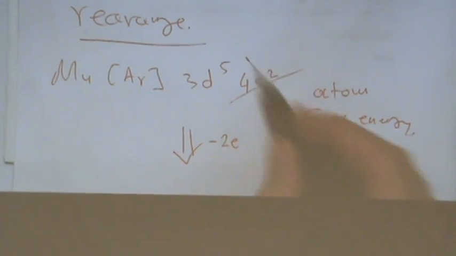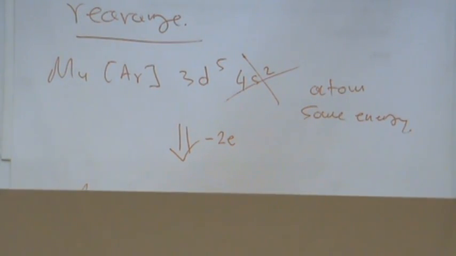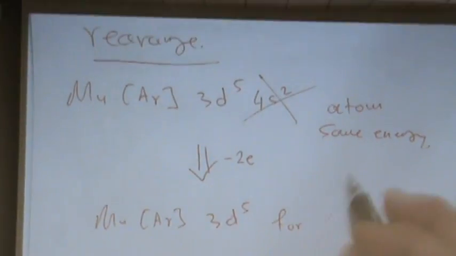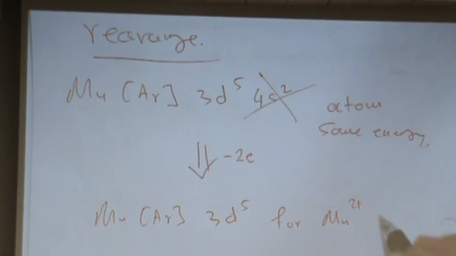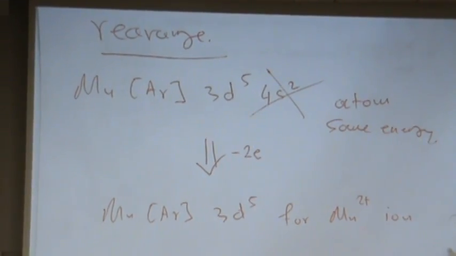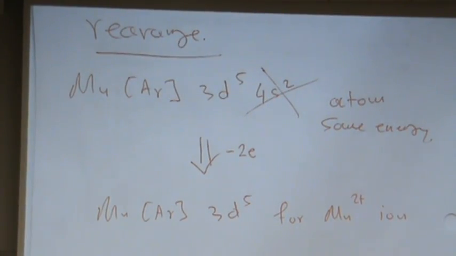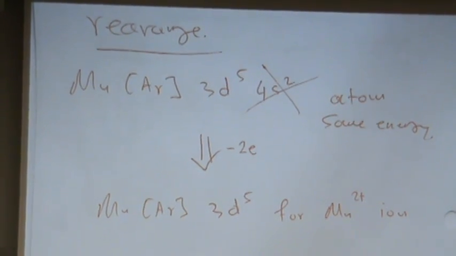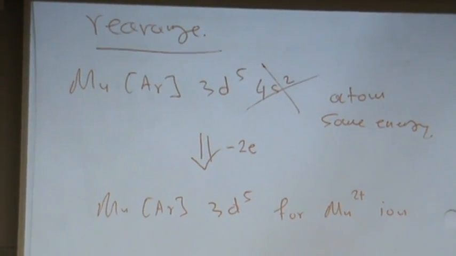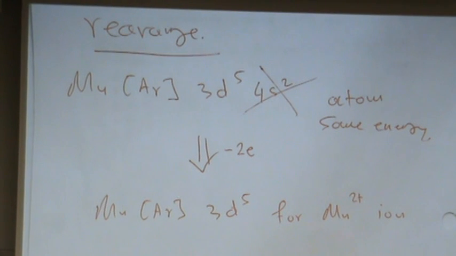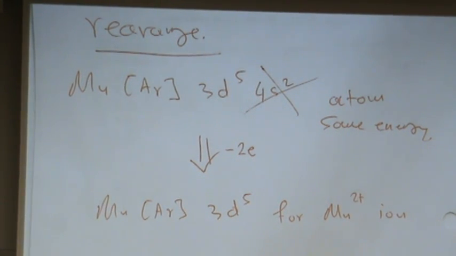What stays is argon 3d5, and that's it for the manganese 2 plus ion. This is the ground state electron configuration for manganese 2 plus. And we say it's a d5 system. That kind of terminology we use many times. Manganese 2 plus, we say it's a d5 system.